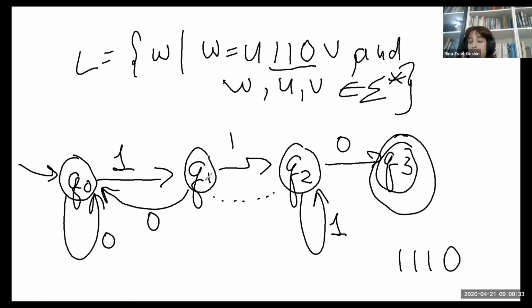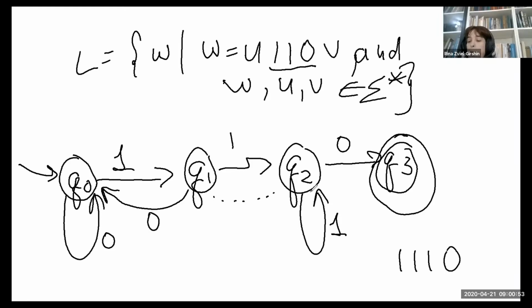And it will be a problem, because now I have the 0 and I go to Q0 instead of moving to Q3. So basically, when I get 1, I should stay in Q2, because it means that I still continue with the prefix of 2 ones.